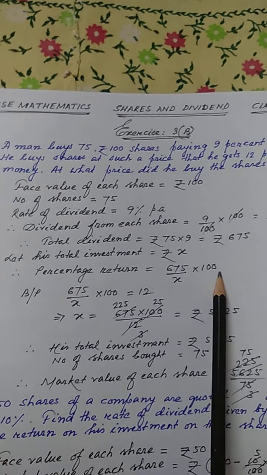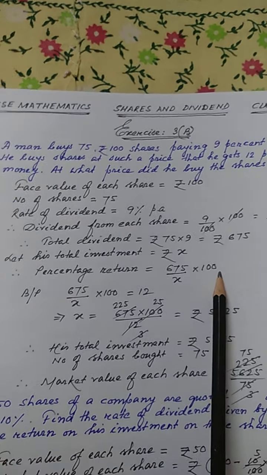So see, for both the firms, face value of each share is rupees 100. For the first firm, market value of each share is rupees 120, rate of dividend 5% per annum, dividend from each share will be 5% of 100 rupees, that is rupees 5.